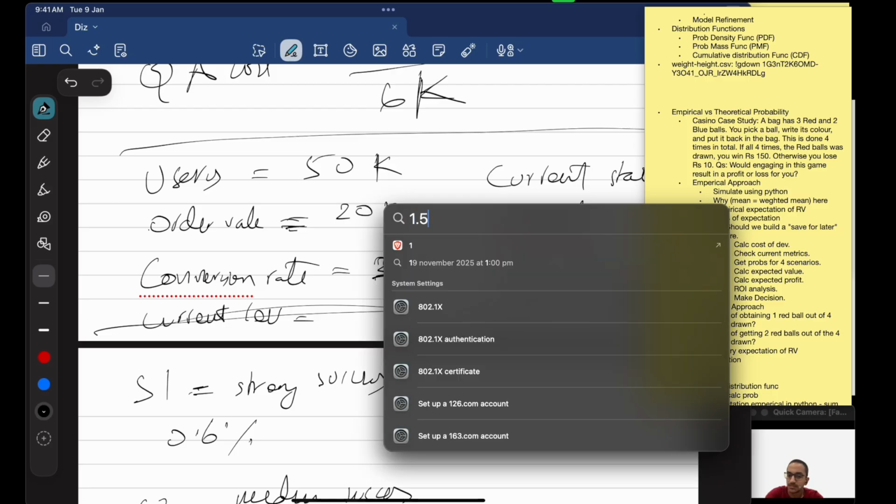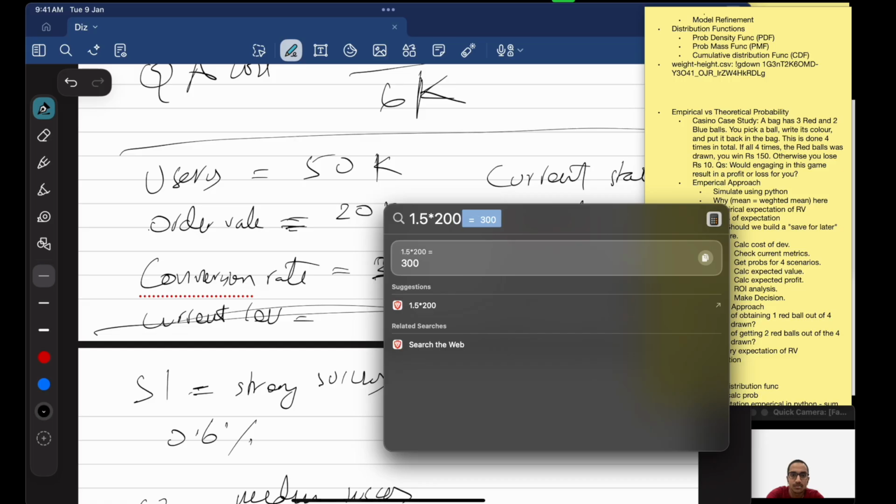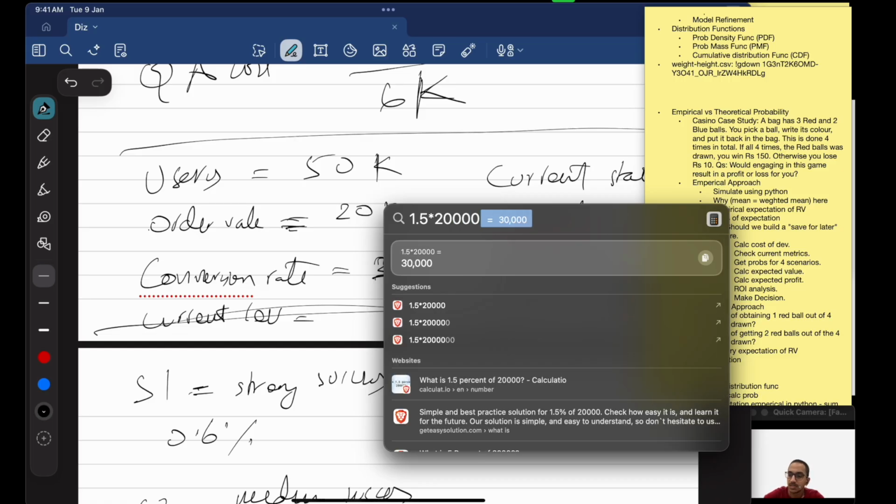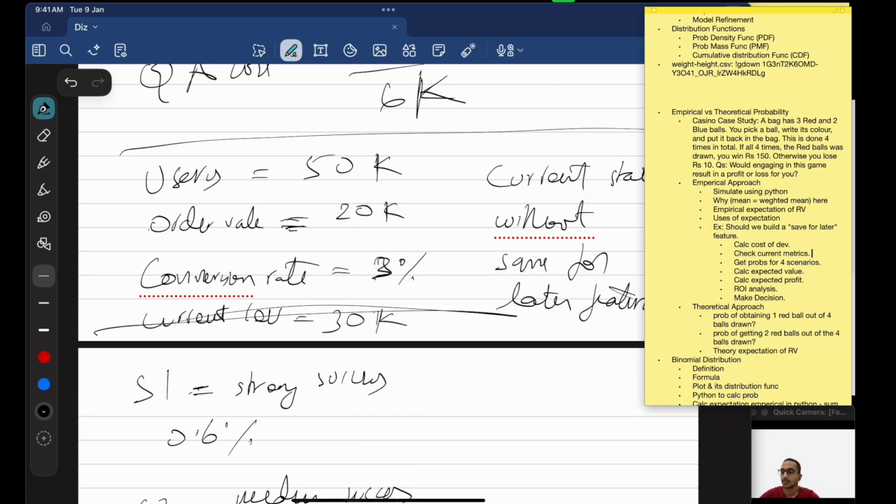So 1.5 times 20,000. So their current revenue is around 30k, right? So what I did, 3% conversion rate out of their 50k users. So 3% of their 50k users are paying 20k every year, let's just say. So their annual revenue is 30k. These are hypothetical numbers. E-commerce sites will get way more, but let's just say it's in its early stages.